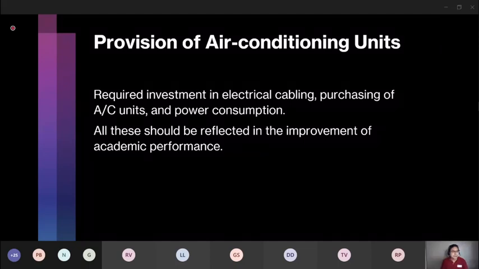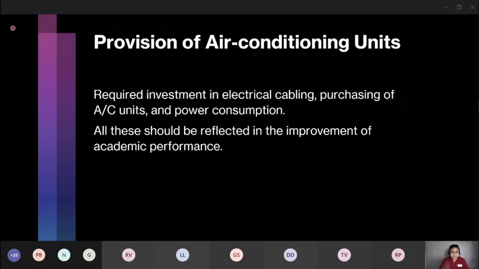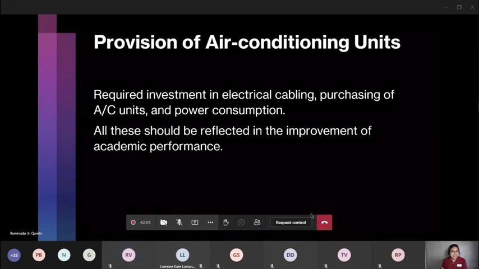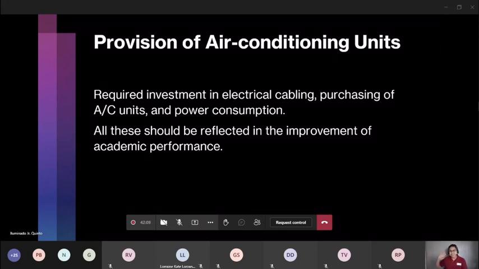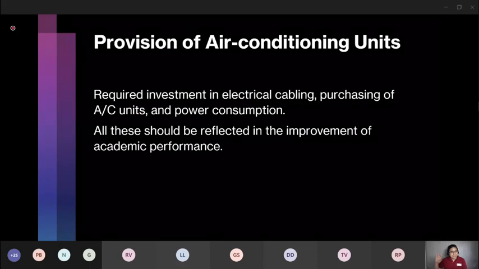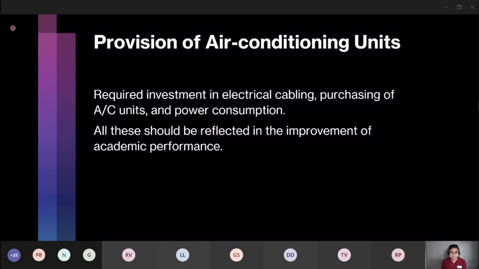So you will somehow control the noise. Therefore, we see that the air conditioning unit can be a way to address the discomfort, thereby resulting in a better performance among the students.